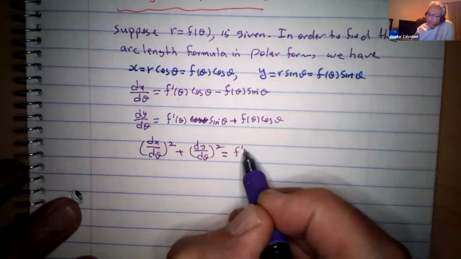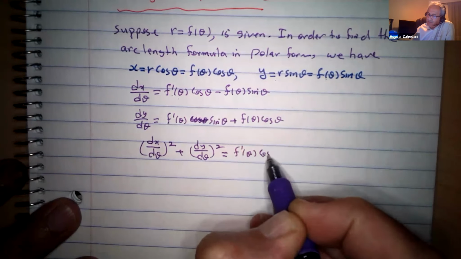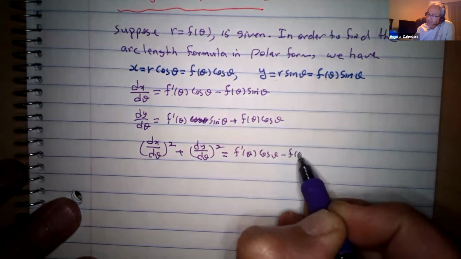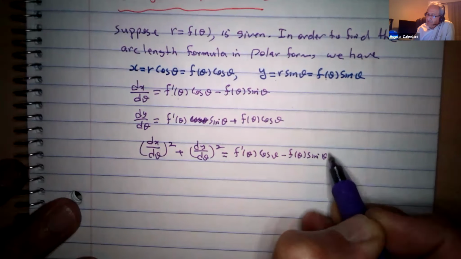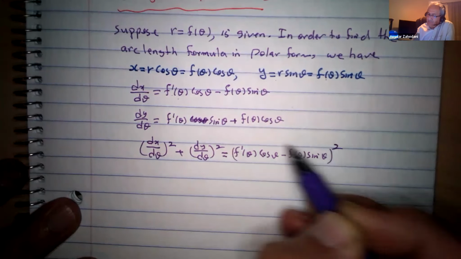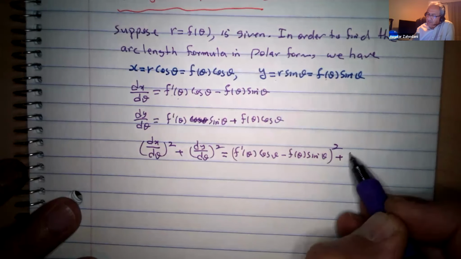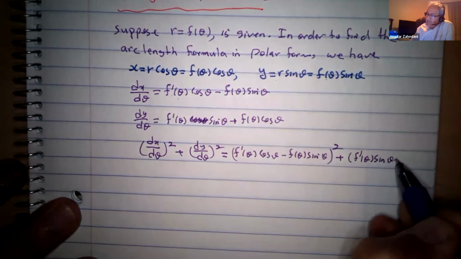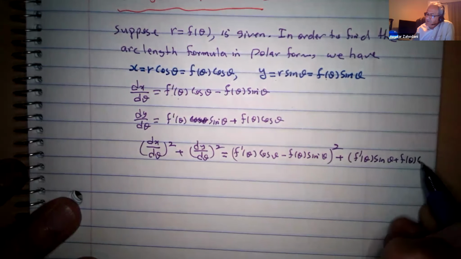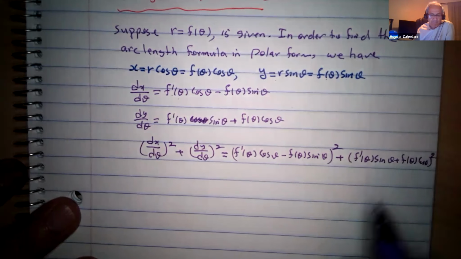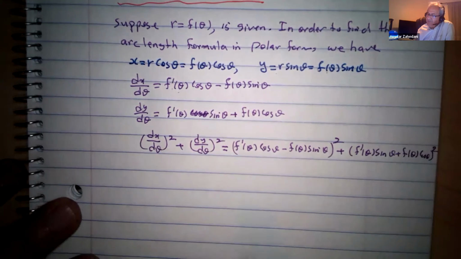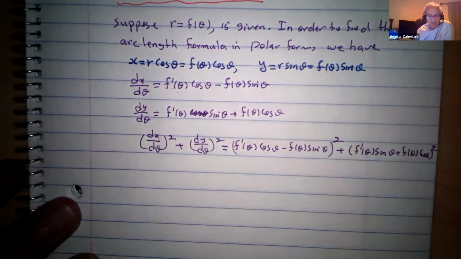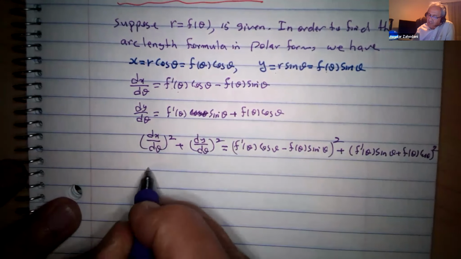So it's going to be f prime of theta cosine of theta minus f of theta sine of theta, all squared, and the second one, f prime of theta sine of theta plus f of theta cosine of theta, all squared. If you square it and factor out, you get lots of sine squared plus cosine squared. Everything would be simplified.